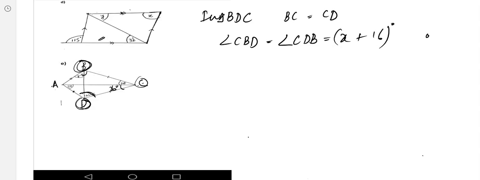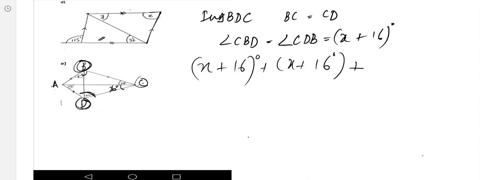So in the triangle BDC, sum of interior angles of the triangle equals to 180 degree. So we can say that X plus 16 plus X plus 16 plus 26 and 26. The angle BCD is comprised of 26 and 26.